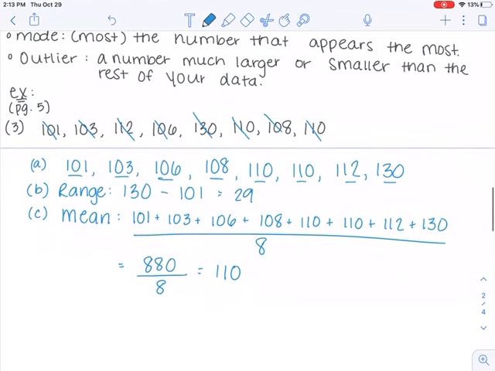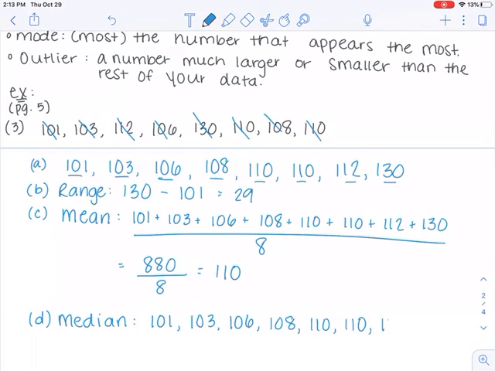Looking at letter D, they ask for the median. So to do that, I'm going to copy my numbers again in ascending order. So I have the same numbers as letter A. And then you're going to cross off one number from each end until we get to the middle.